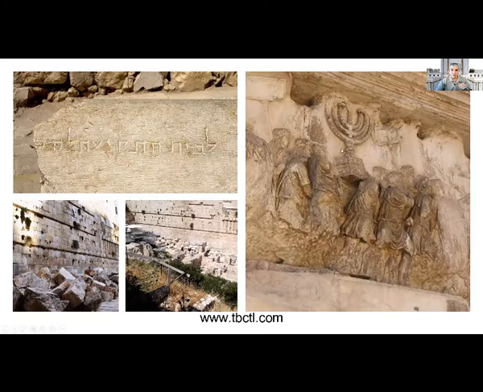In the drawing here, we see Roman soldiers. These are not Jewish slaves. These are Roman soldiers with victorious leaves, victorious crowns, holding the vessels of the temple. One of them is the menorah. Funny thing is that the person who made this drawing never saw the menorah, because the base of the menorah here has animals on it.